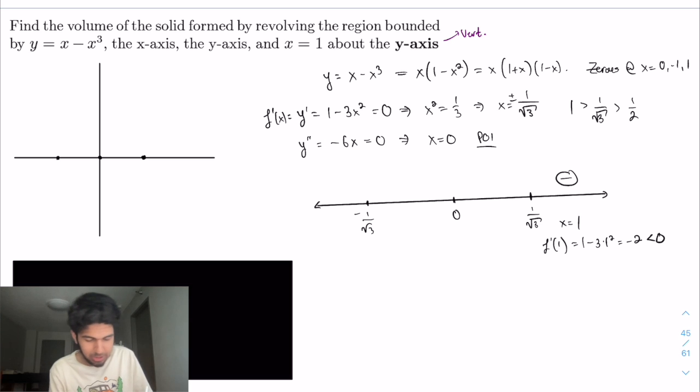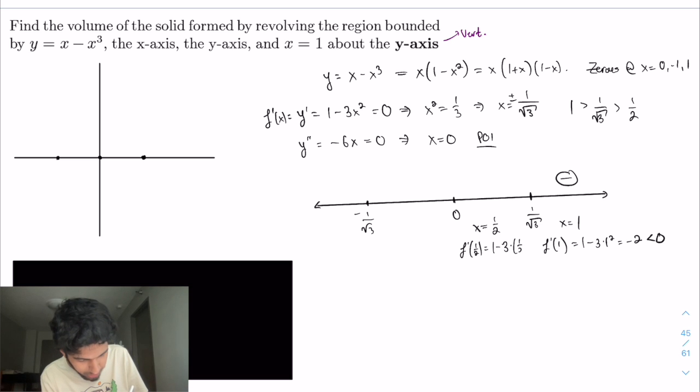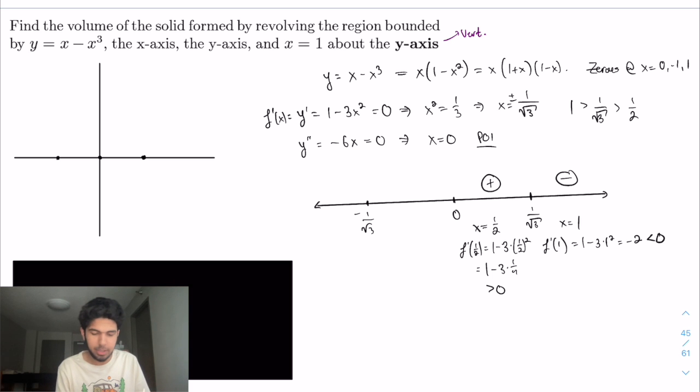In between 0 and 1 over square root of 3, we can test x equals 1/2. f prime of 1/2 equals 1 minus 3 times 1/2 squared, which is 1 minus 3 times 1/4. That's greater than 0, so that's going to be a positive tangent line there.